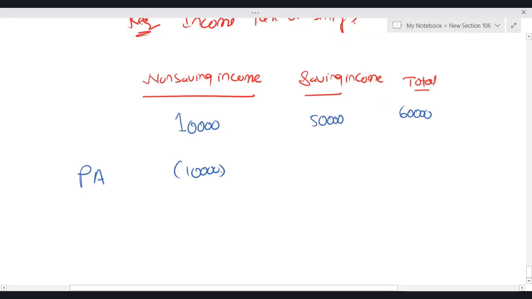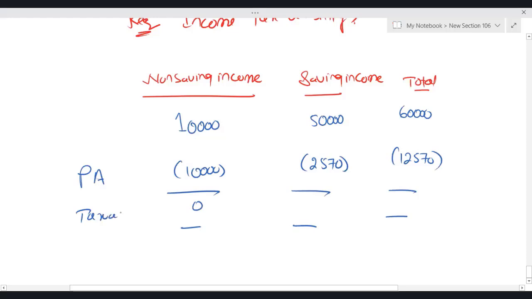Total personal allowance is 12,570, so 12,570 will be deducted from here. Taxable income: 50,000 minus 2,570. I'm getting 47,430.